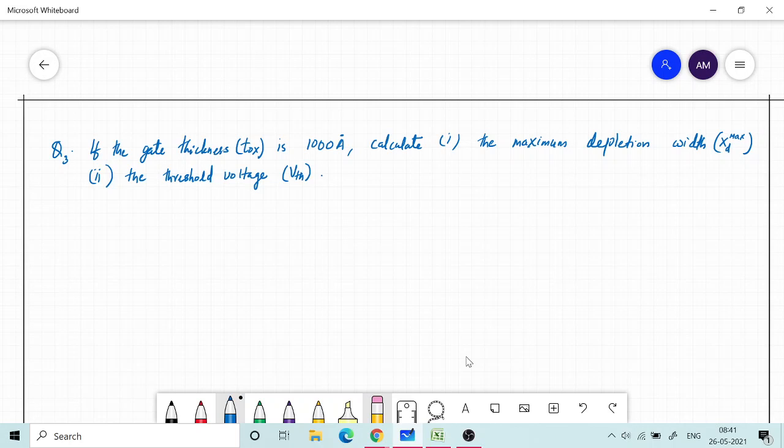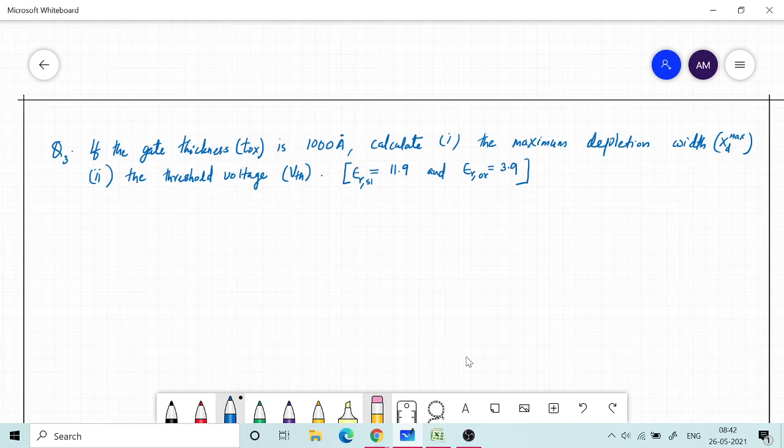Only additional thing that is given on top of what we have already stated in the previous part of the problem: one parameter is additionally given, and added to that, the epsilon R for silicon is 11.9 and epsilon R for oxide is 3.9.